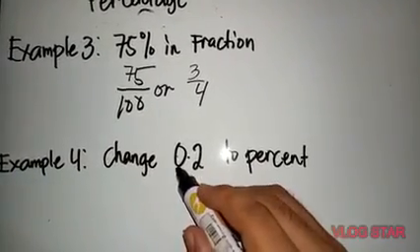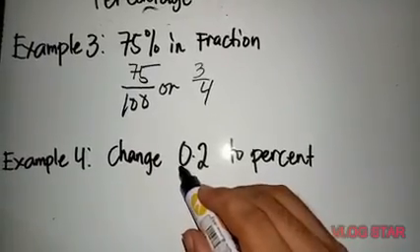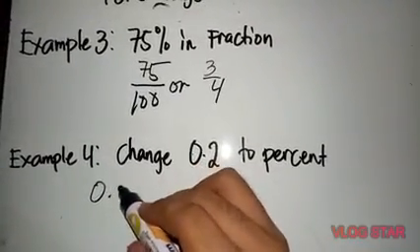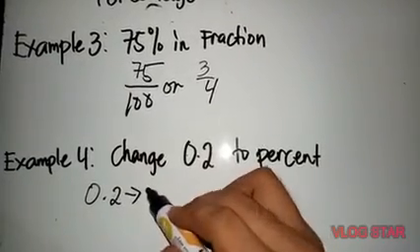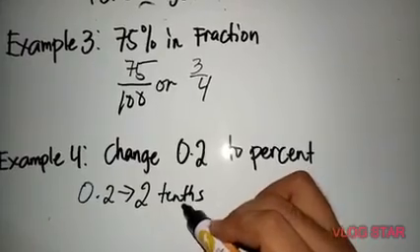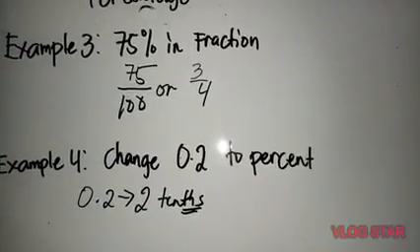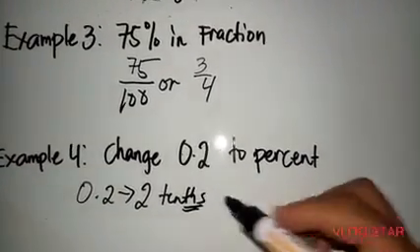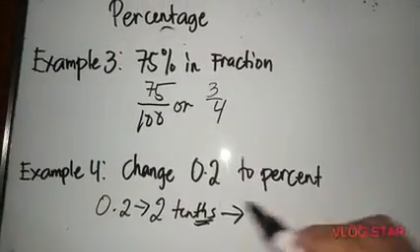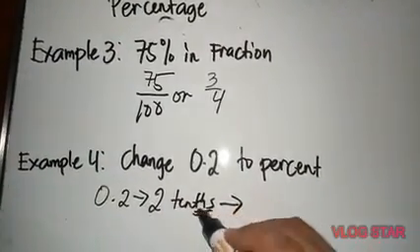So next is change 0.2 to percent. How do we read this 0.2? We read this as 2/10, because this is a decimal. Then in fraction, we can write this as 2/10.